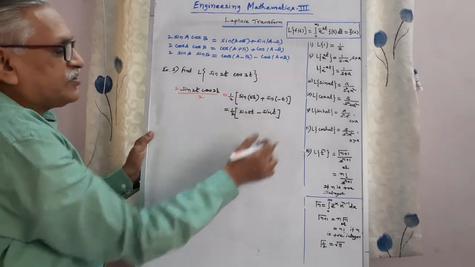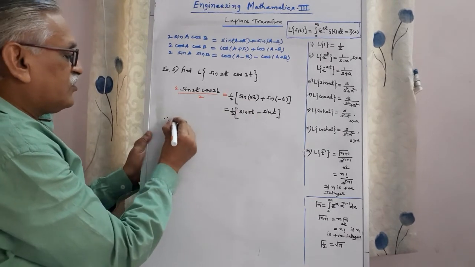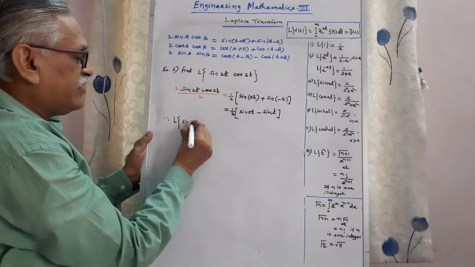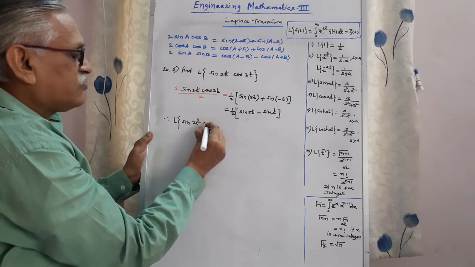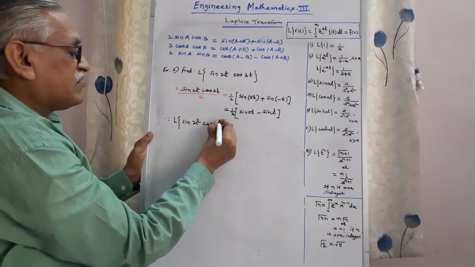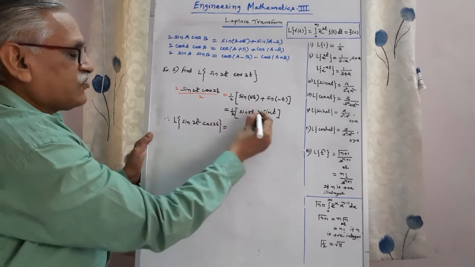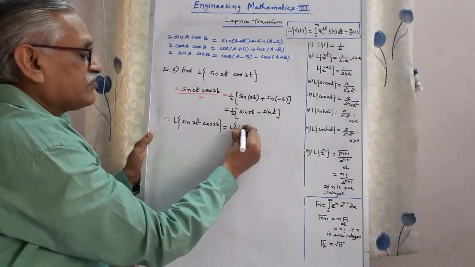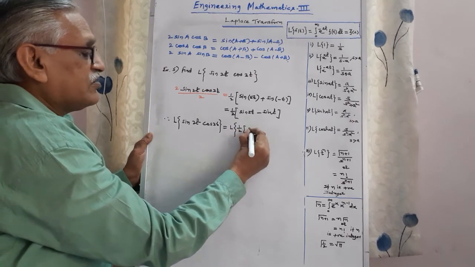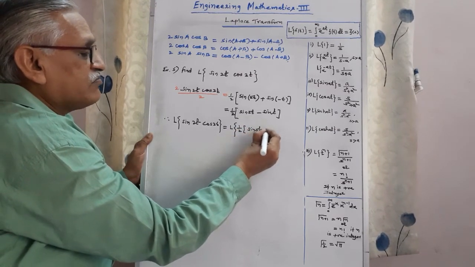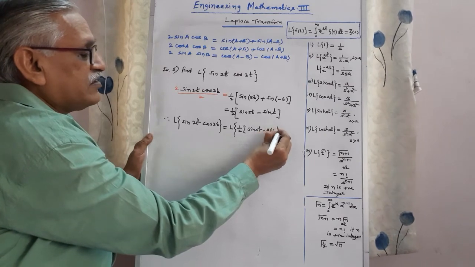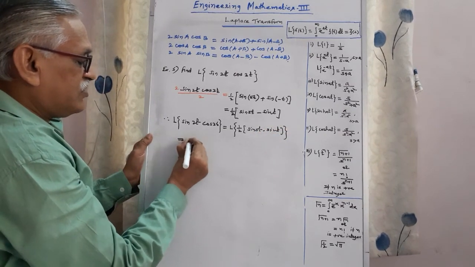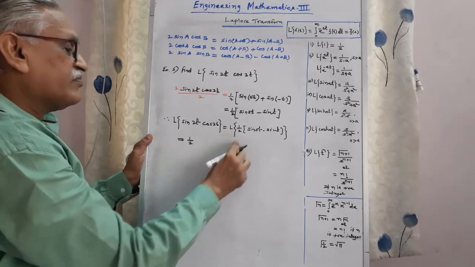Therefore, Laplace transform of sin 2t into cos 3t means the Laplace of 1 by 2 times sin 5t minus sin t, and therefore it is equal to 1 by 2, a constant.